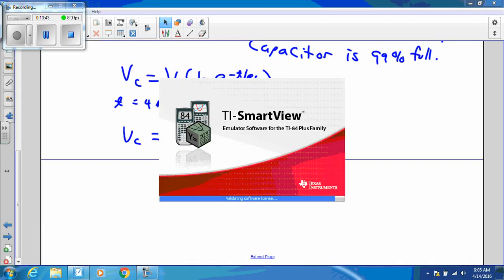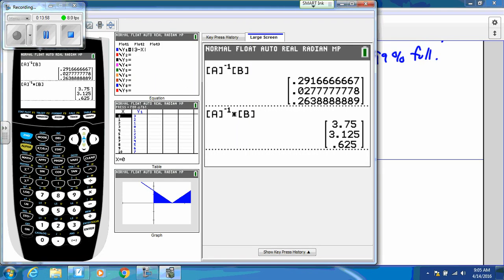And if I evaluate that on the calculator, it takes me a moment to do this. Get the calculator up. There it is.